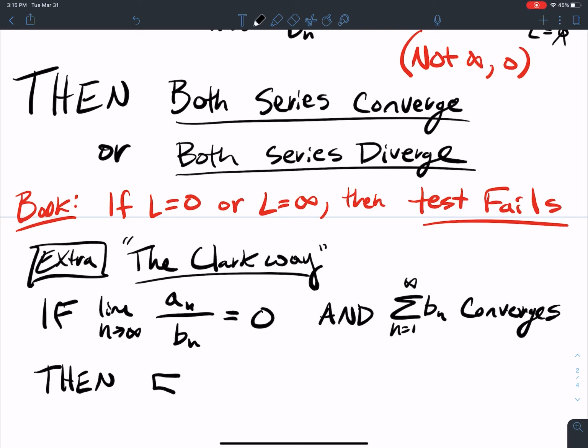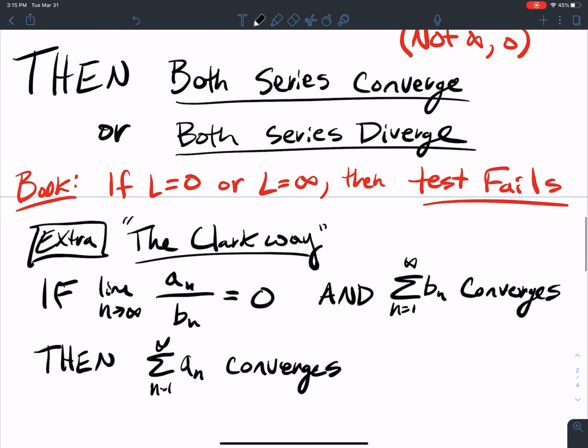Then, what can we say about a sub n? The series n going 1 to infinity of a sub n converges. Okay? Then that series converges.